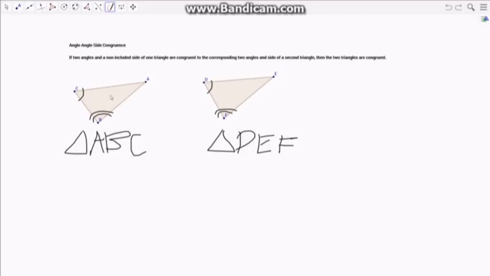Let's just choose side AC. It should be congruent to side DE, so that triangle ABC is congruent to triangle DEF.